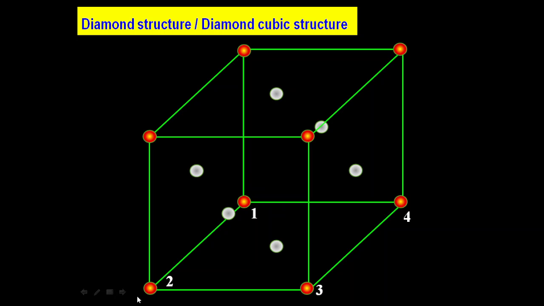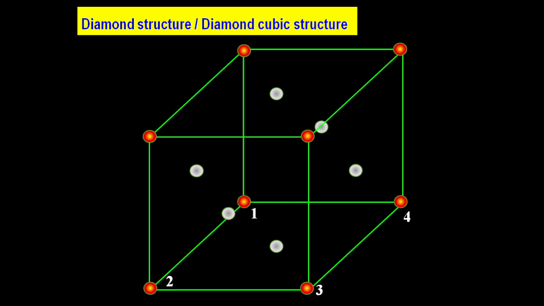Now, how many diagonals can be constructed with the help of this cube? We know that the cube has 8 corners. By joining 2 corners we can construct 4 diagonals inside the unit cell of this face centered cubic.